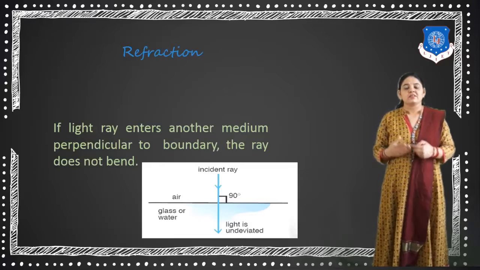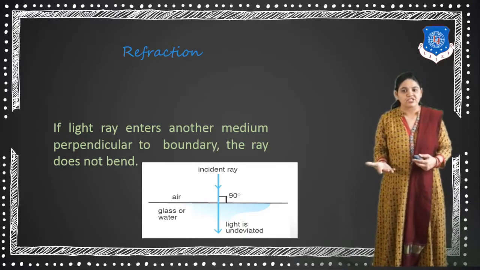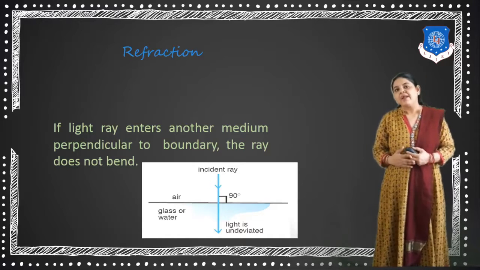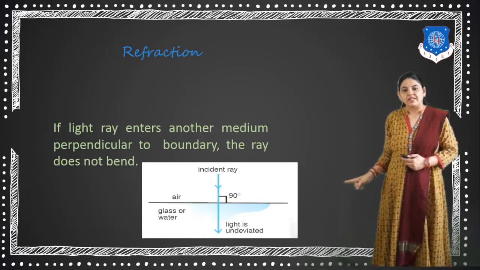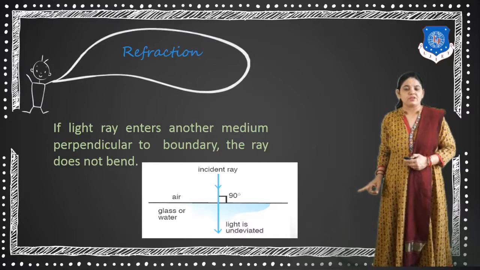This is an important law related to refraction. Now if the light ray enters another medium perpendicular to the boundary, then the ray will not bend. So the ray does not bend in this situation.